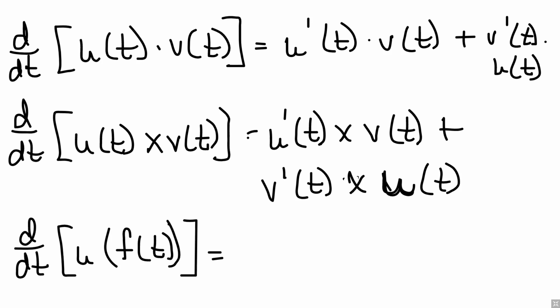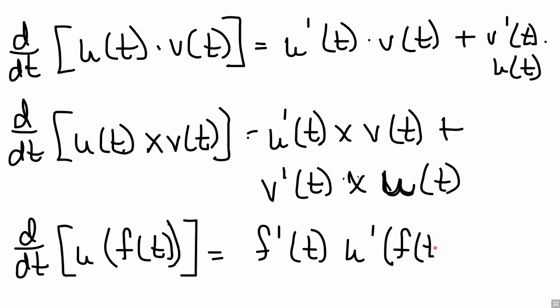We have the derivative of the inside times the derivative of the vector function evaluated at the inside. Okay, so it's the traditional way you think of the chain rule, nothing different. Any questions?